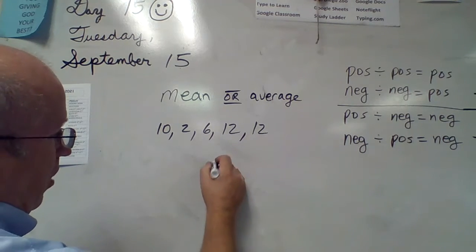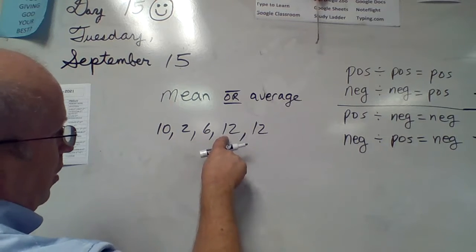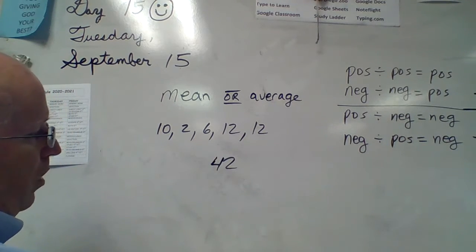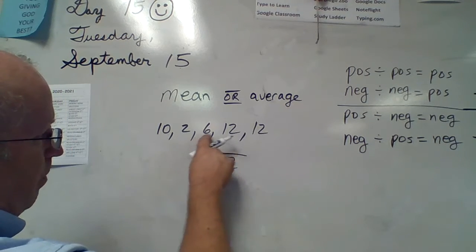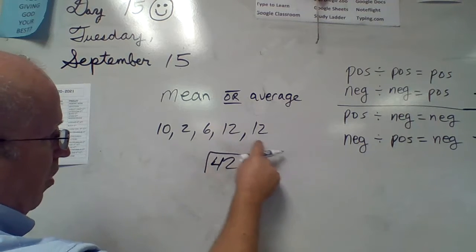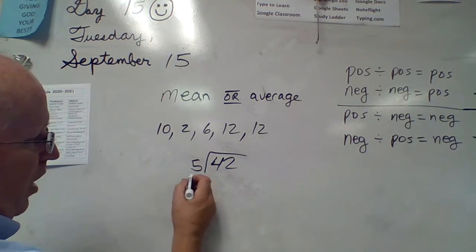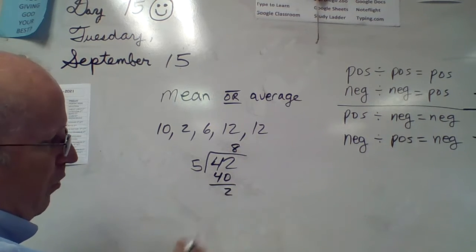If I add these all up, I get 42, I think. 12, 18, 28, 30, 40, 42. Yep, I get 42. Then you take that number 42 and you divide it by the amount of pieces of data, which in this case is 5. 42 divided by 5. 5 goes into 42 8 times with a remainder of 2.